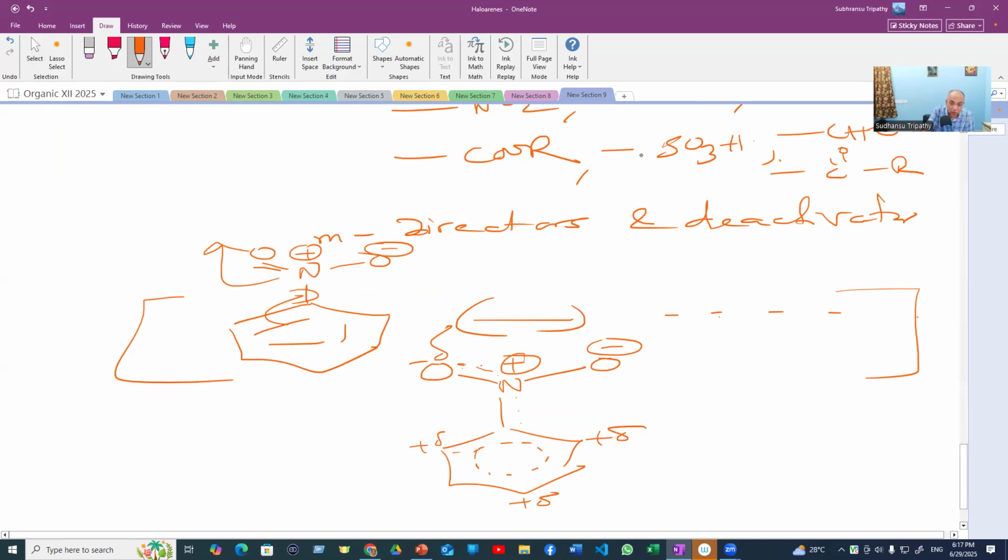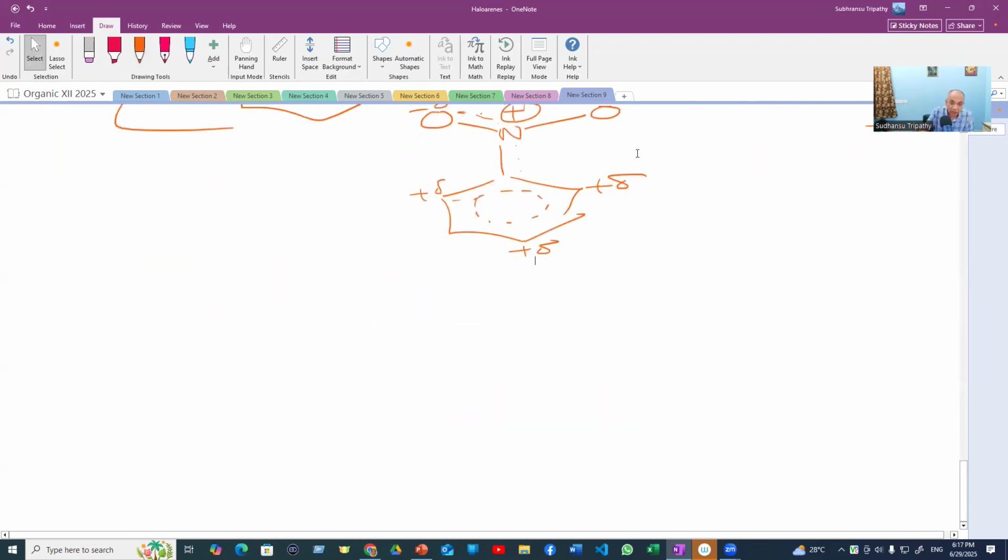So when the electrophile has to come, it will not choose the ortho-para position because the meta position is comparatively more electron rich. But the ring has become electron deficient because of the minus R effect. So the reaction rate is slow.